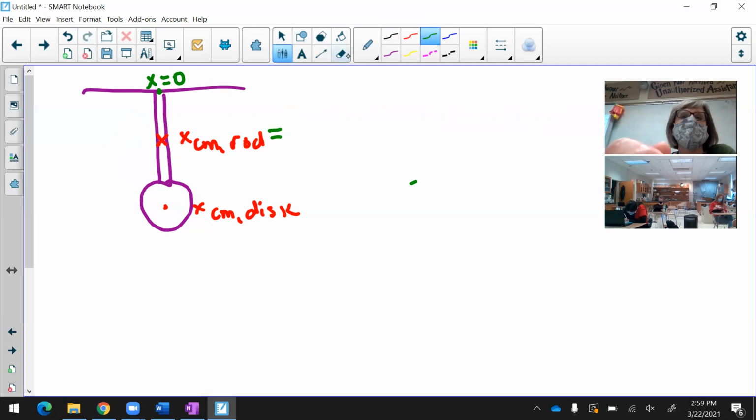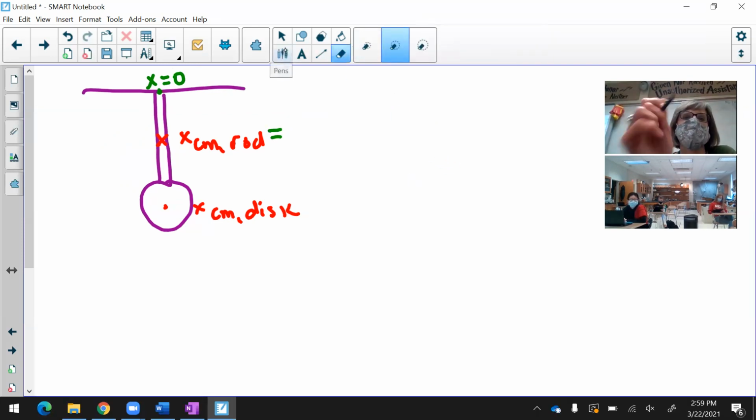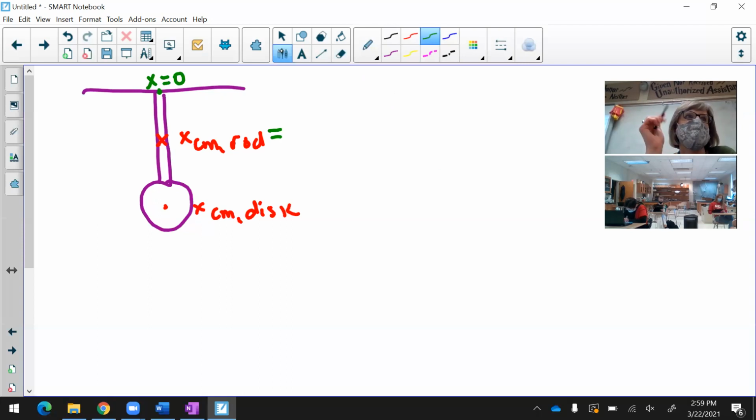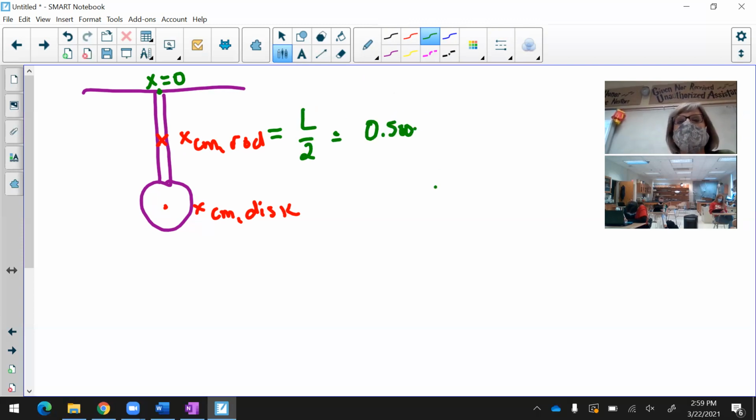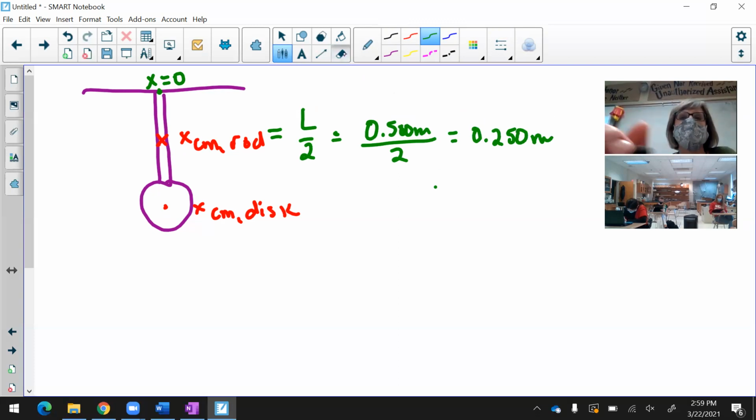Then where is the center of mass of the rod? I think we called that L. So it's L over 2, or 0.500 meters over 2, which would give me 0.250 meters. And where's the center of mass of the disc?